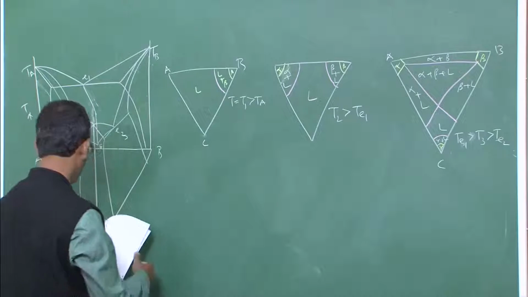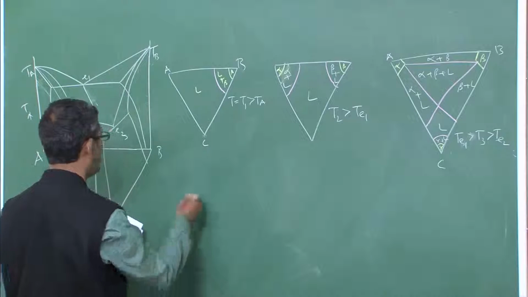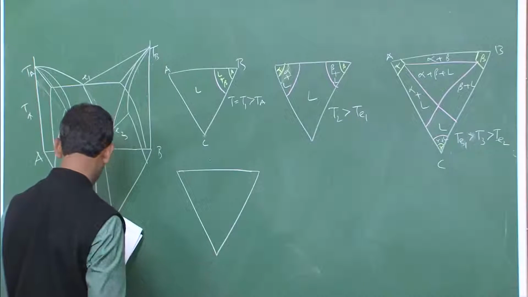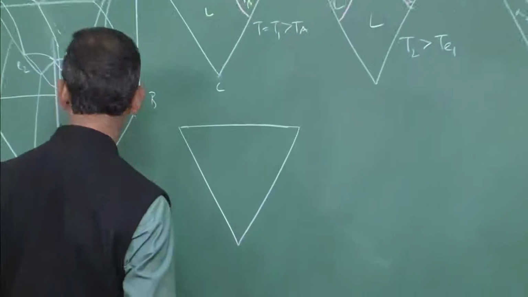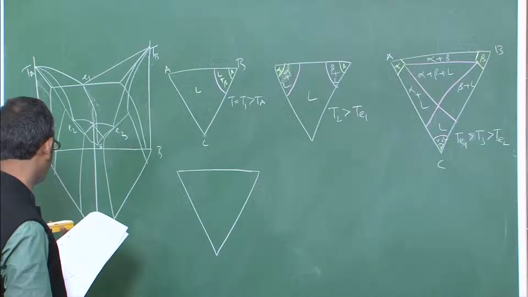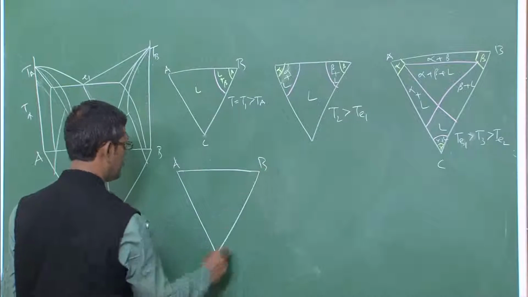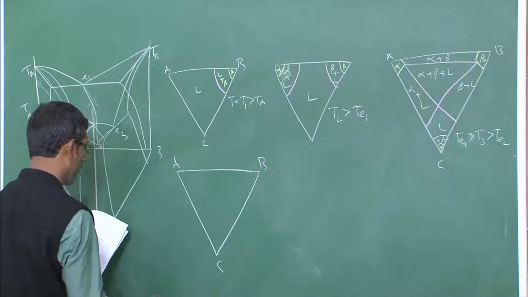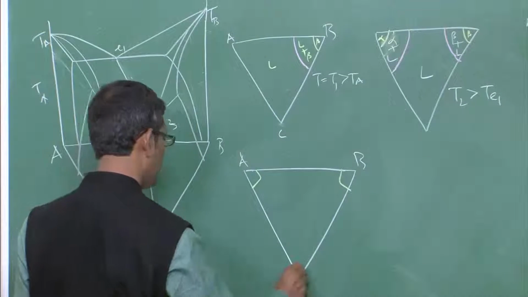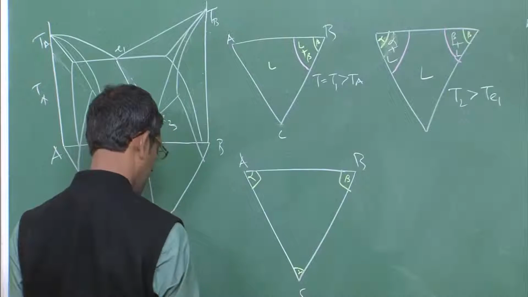So, now I go to a temperature which is in between, which is below even the eutectic temperature of A and C, correct. So, A, B, C here. Now, you have alpha, beta, gamma. Okay.